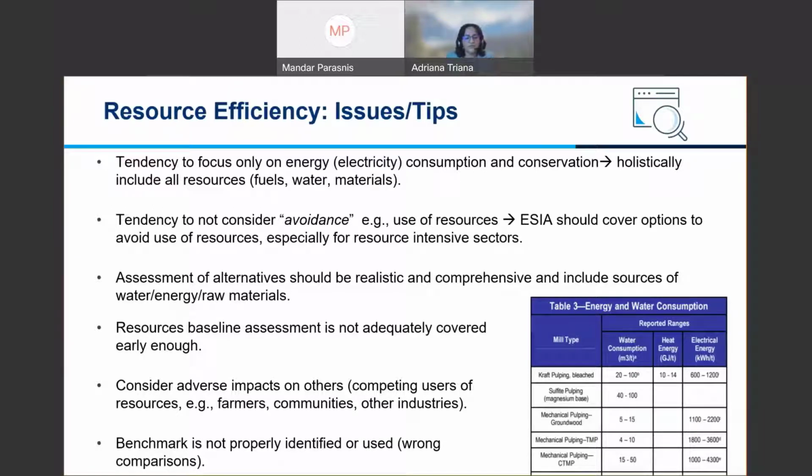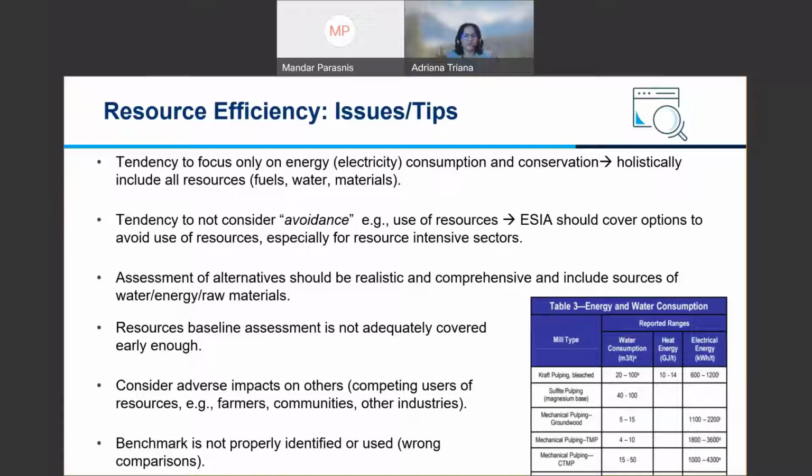Sometimes we see that the project is viewed in isolation and does not really consider other users. For example, you might have a hotel and think, well, a hotel on this island or small area, yes, there is a little bit of water stress, but a hotel is a small consumer, so it's fine.